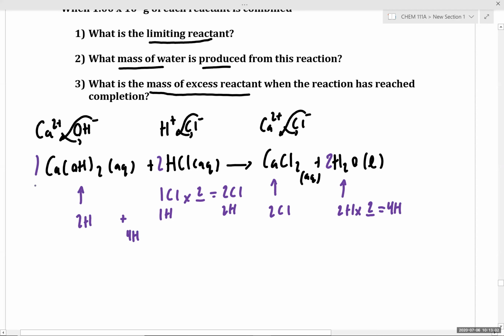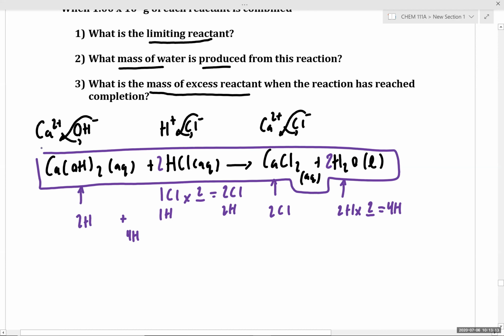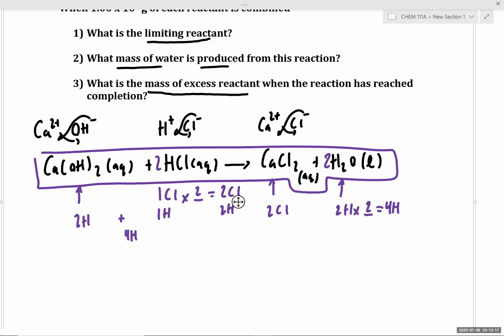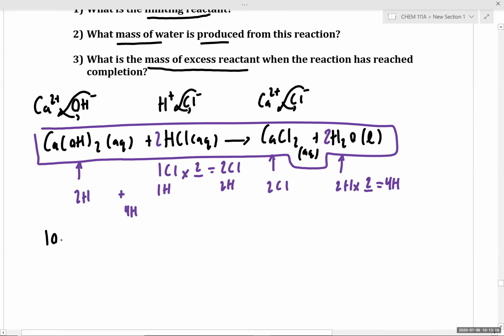So now that we have our balanced equation in place, I'd like you to use this balanced equation and the mass of each of our reactants, which is 100 grams, and determine the limiting reactant, then calculate the mass of product and calculate the mass of excess reactant remaining.